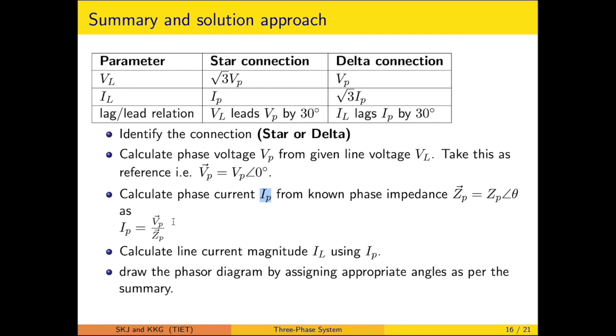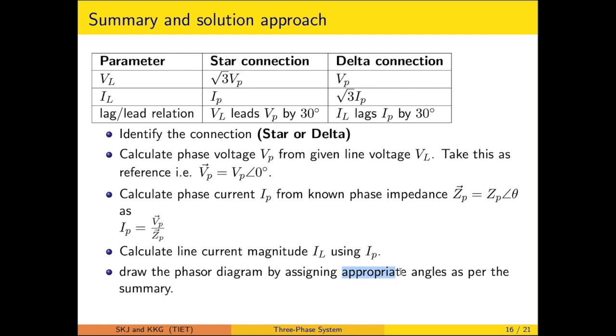From this we will be calculating the phase current. So that is simply the reference phase voltage divided by the impedance of the phase. Thereafter we will be able to calculate the line current using Ip, the reference information. So IL is equal to Ip in star connection, IL is equal to root 3 times Ip in delta connection, and thereafter we will be able to draw the phasors and assign the appropriate angles.